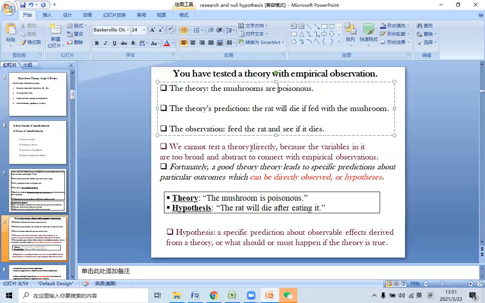We cannot observe the theory directly. The theory is too broad. What do you mean by poisonous? That is a very abstract idea. The prediction, the hypothesis, is more concrete. It is something you can observe. You can actually observe, does a rat die after eating the mushrooms? And this is a hypothesis we can test.